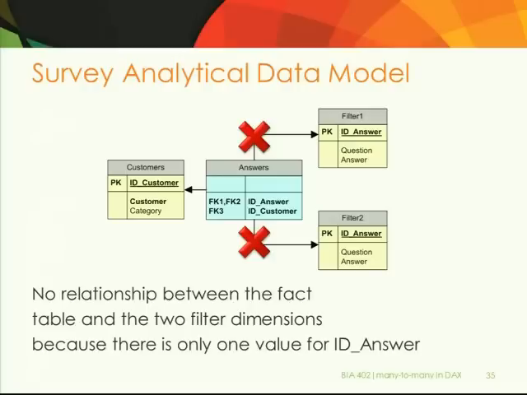So we can create either the relationship with filter 1 or the one with filter 2, but we will not be able to create both relationships and make the system work. Okay? Thus, the first problem that we will have to solve is that the relationship is non-existent. We will need to work without that relationship.